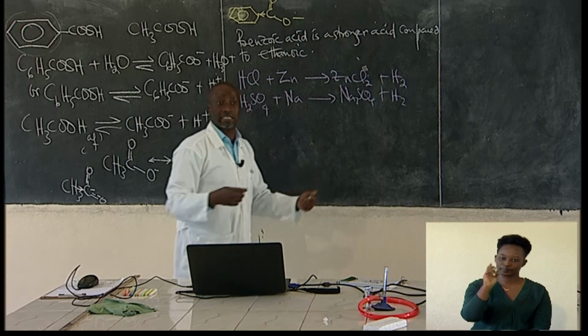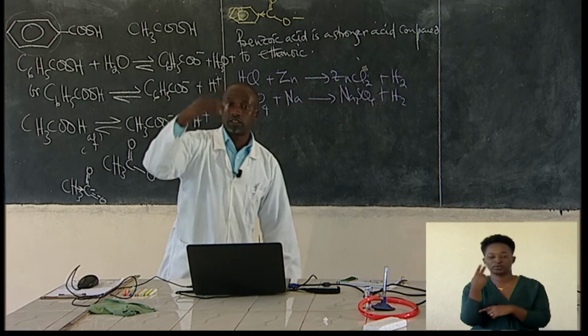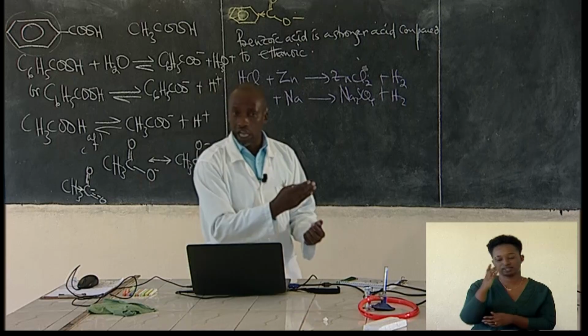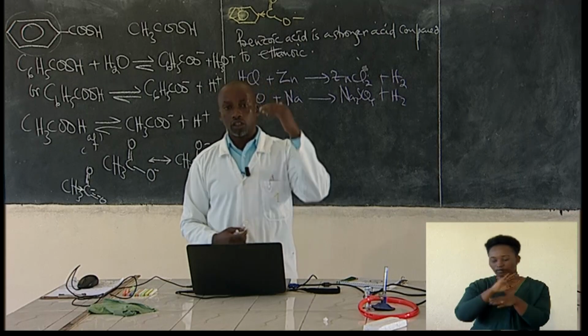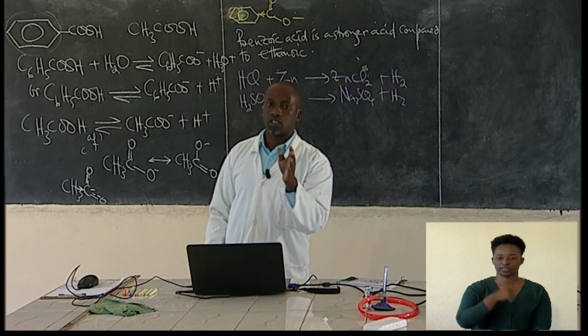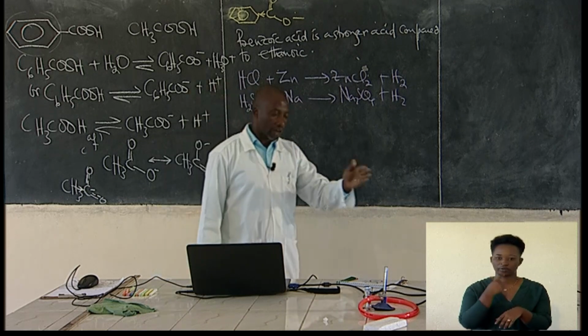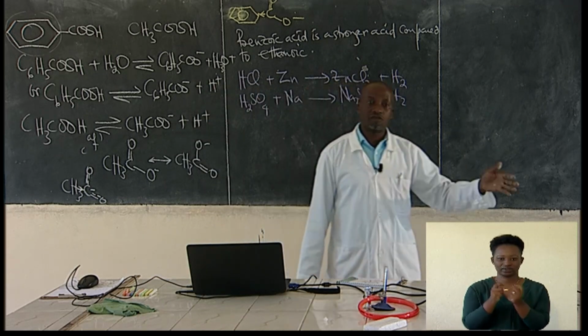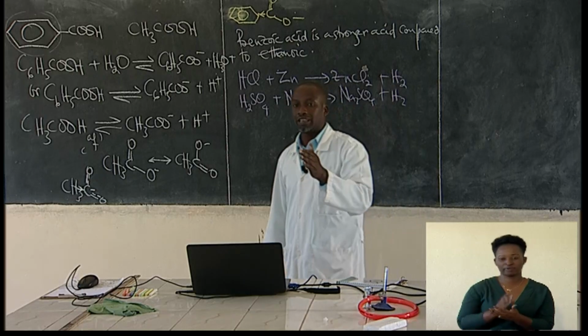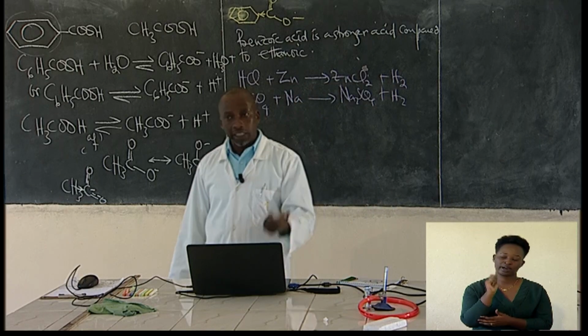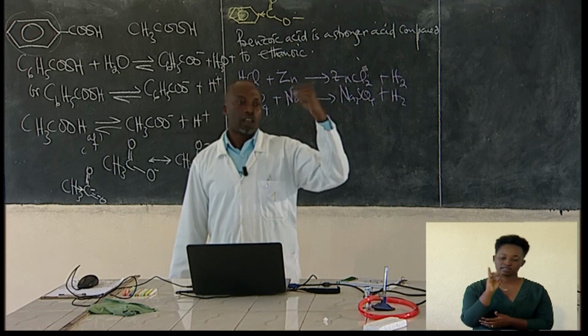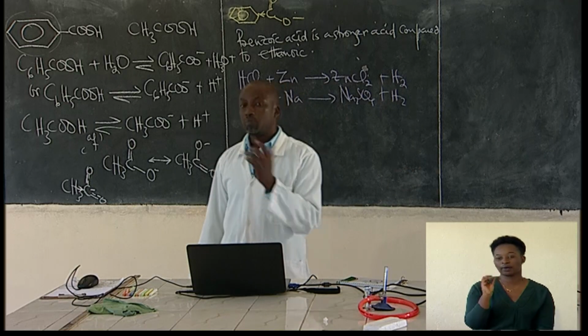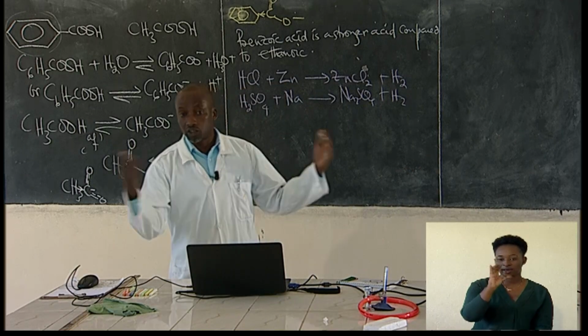This is the characteristic of all acids. So in this case, when we're talking about the side chain reactions, we are referring to the behavior of these aromatic acids compared to the mineral acids, because the reactions are all the same.